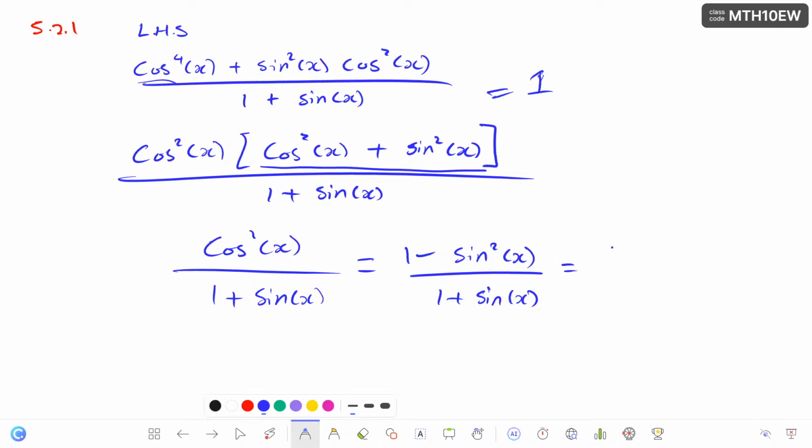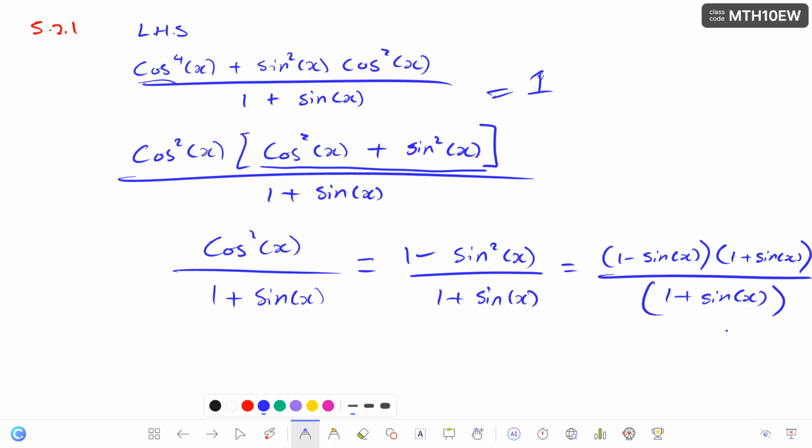It's the same thing as 1 minus sine x and 1 plus sine x divided by 1 plus sine x. So we can simply cancel this one and this one, and the answer that we are left with is 1 minus sine x.